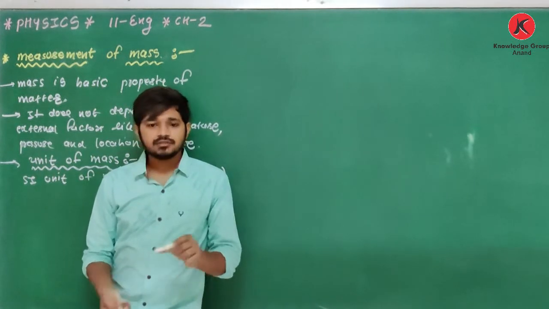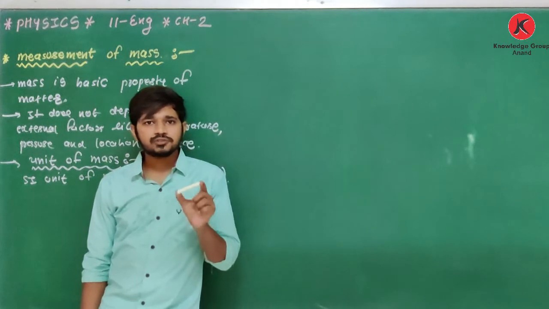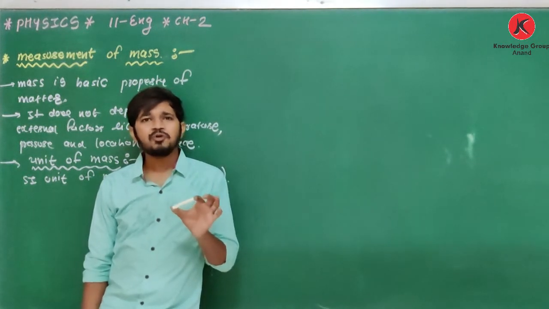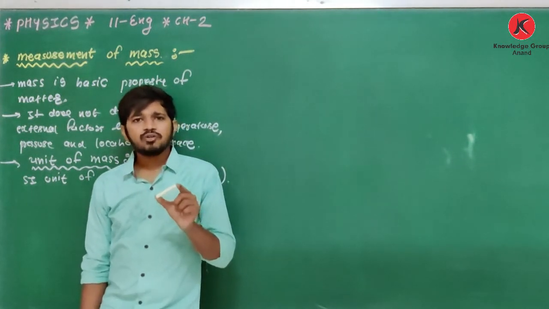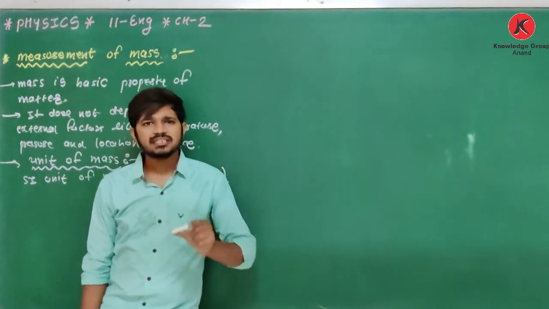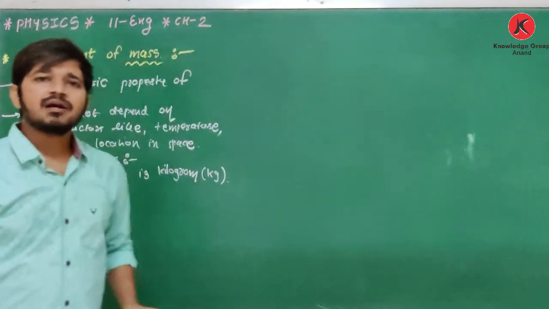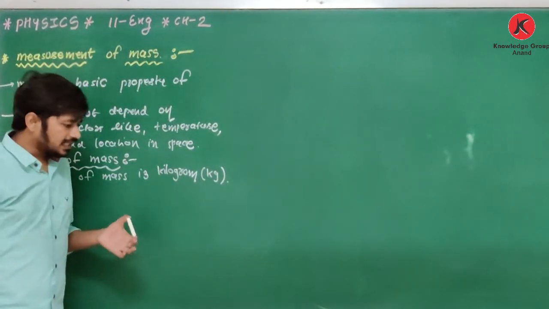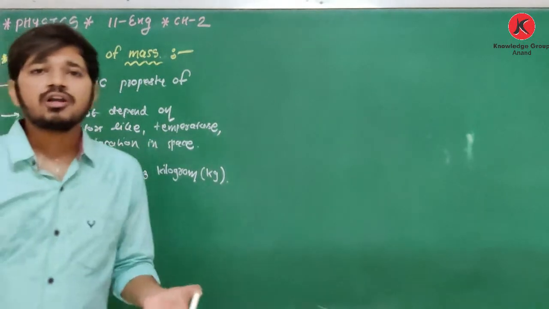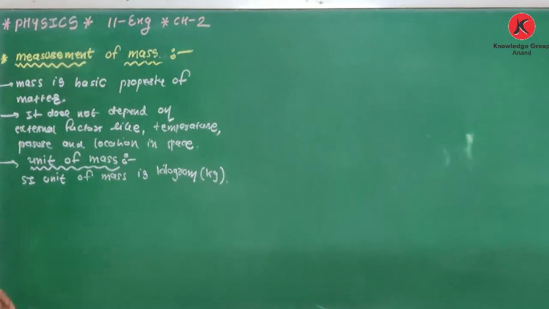But if I am taking a small object, chalk, then is the mass of chalk possible in kg? No, it is very, very small. So its mass is also very small. Then kilogram is an inconvenient unit for measurement of mass. Means we have to derive some smaller units.